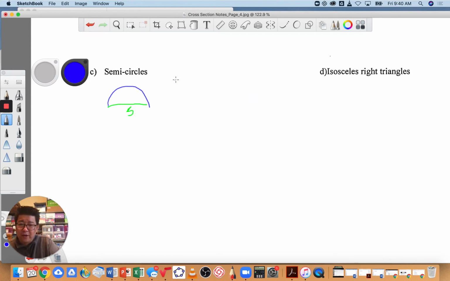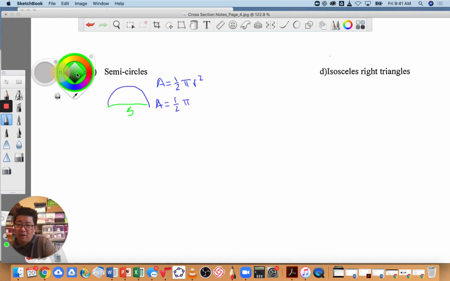So I know that the formula for the area of a semicircle is 1/2 pi r squared. And we know that the radius is half of this s. So it's going to be 1/2 pi, and now we're going to replace r with 1/2 s, because that's what the radius is. It's half of this s. s is the diameter.